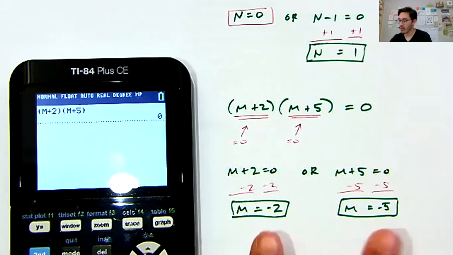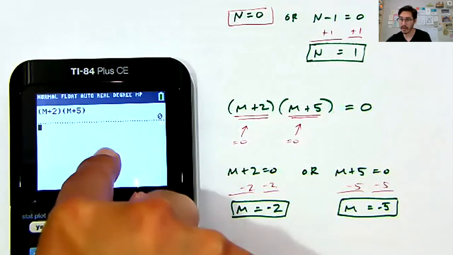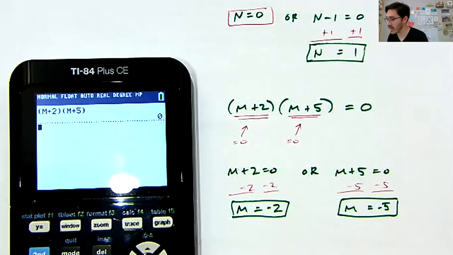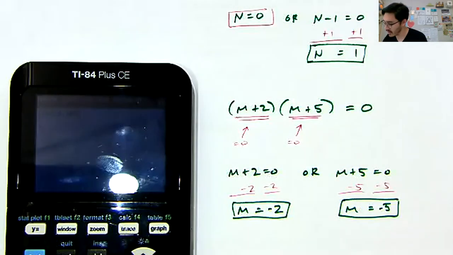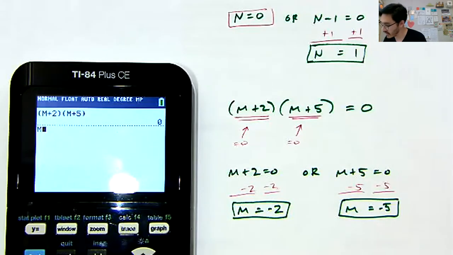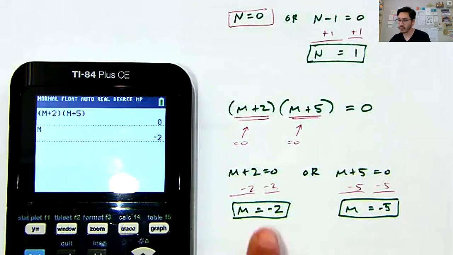We don't know for sure which of these two solutions is correct. I'll reveal the answer on my calculator because I saved it ahead of time, but we know at least one of these answers is going to be correct. Now for the big reveal: m was -2, which we deduced. Let's do one more.